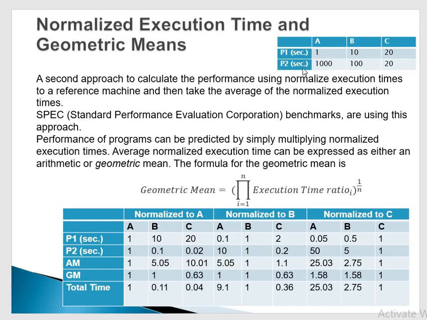Now we calculate the normalized execution time for computers B and C for program 2 with respect to computer A. For computer B, it will be 100 by 1000, which is equal to 0.1. Similarly, 20 by 1000 will be equal to 0.02.